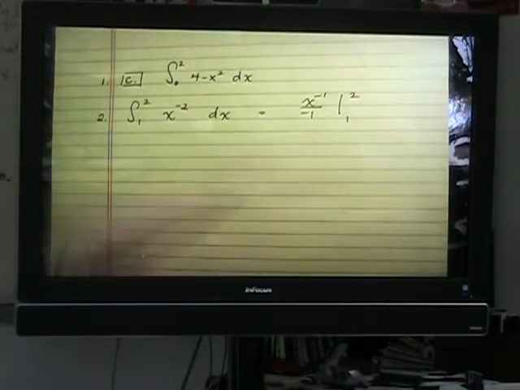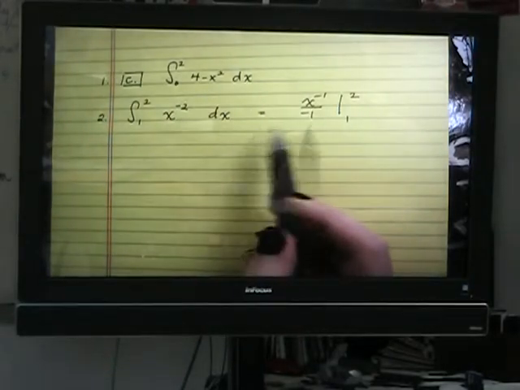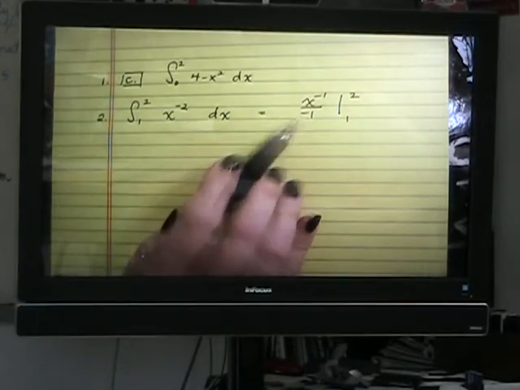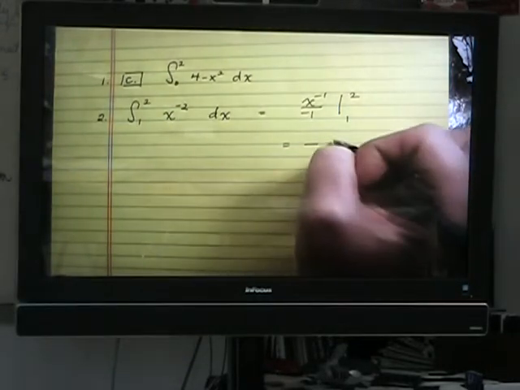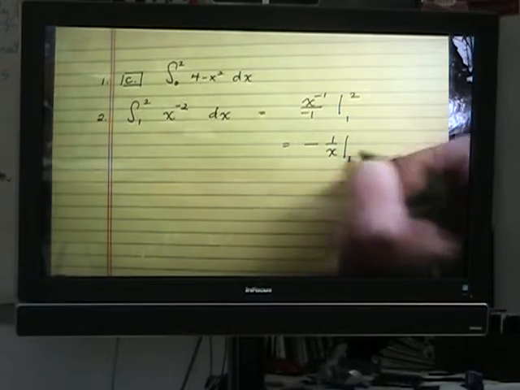Before we actually use the fundamental theorem of calculus, I would like for us to simplify and clean this up a little bit. You know that a positive divided by a negative is a negative. And so the whole thing's going to be negative, and then x to the negative 1 power can be written as negative 1 over x.